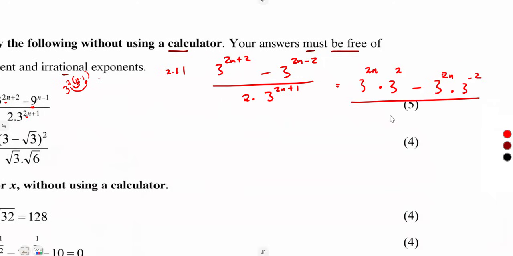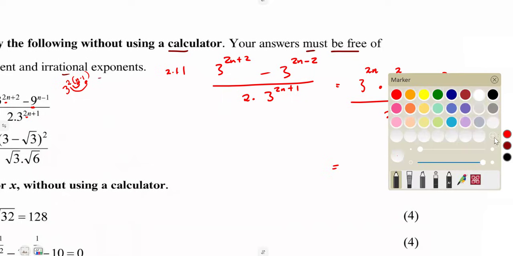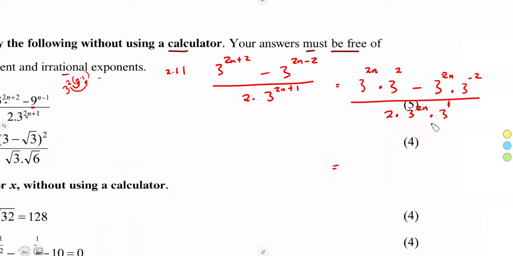Everything over 2 times, we separate again here, 3 to the exponent of 2n times 3 to the exponent of what? 3 to the exponent of 1. So this is what you're going to have. And in the numerator, because we have two terms, this term and this term, separated by what?